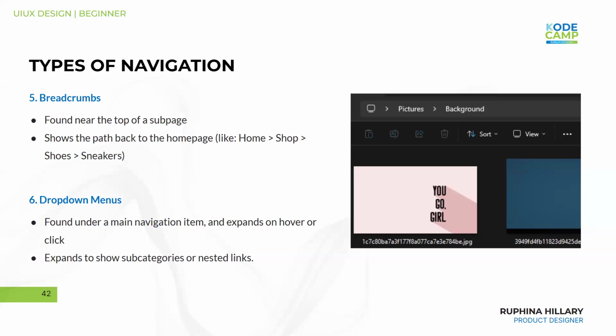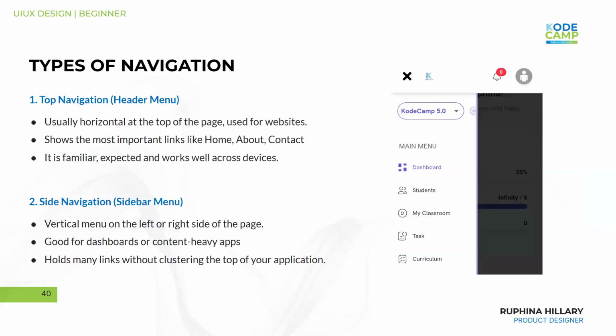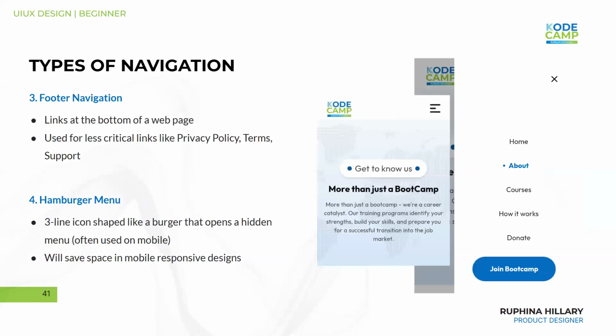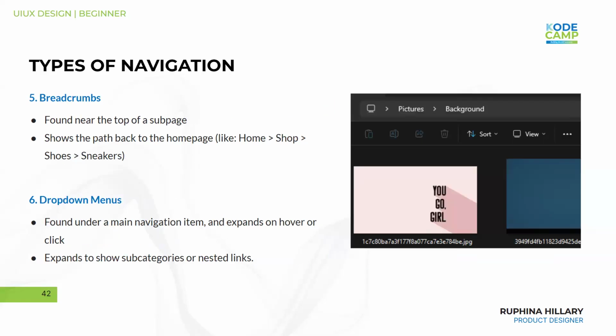So it's usually found under a main navigation item. Your main navigation items are usually the top navigation, side navigation, hamburger menu. When you click on it, you might now see other options. So this is now a drop down menu. It expands to show subcategories or nested links.